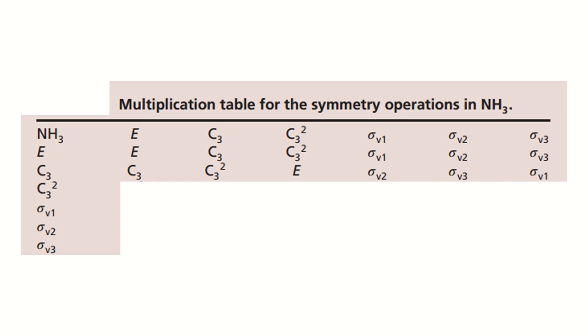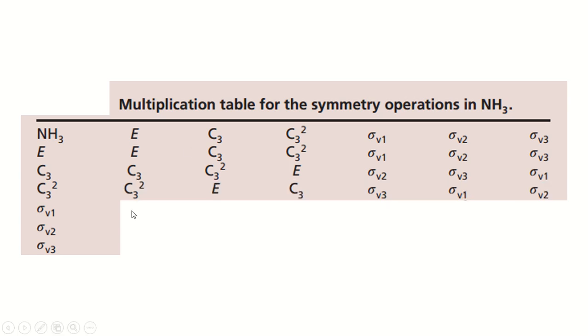So far we have completed two symmetry elements and operations from the column, and we have commuted all the symmetry operations in the rows with these symmetry operations. Now let's talk about the third one, which is C3 twice, which we have already discussed, and let's talk about sigma V1.